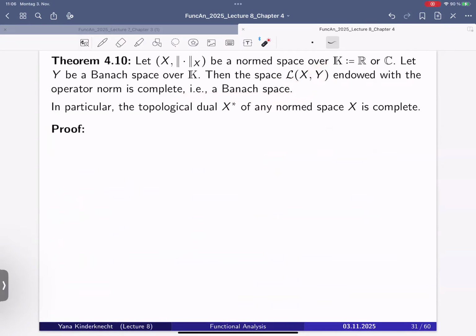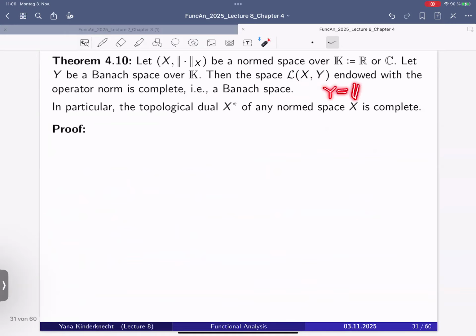So in particular, if we consider Y equal to K, our field of scalars, this is a Banach space. And hence we get that the topological dual of any normed space X is complete.